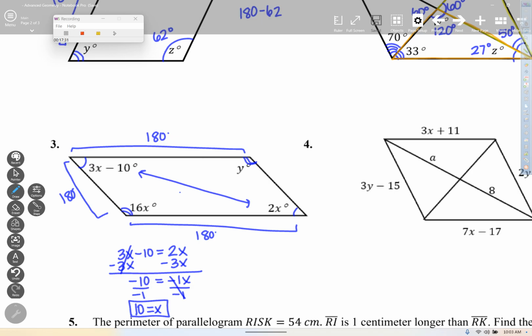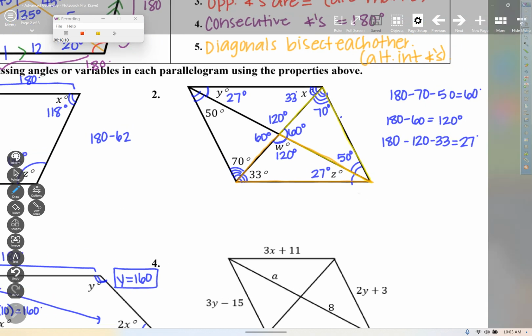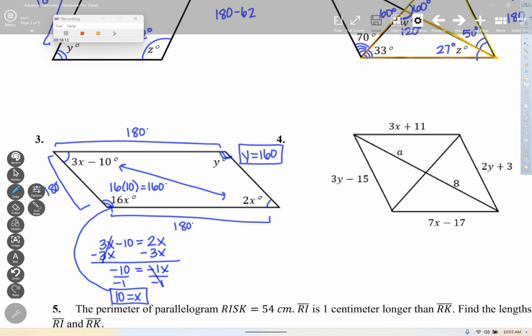Since that's 160, then I can say, well, y is 160. And I'm done. Okay. These are more math equations because they're expressions that we have to put together to make an equation and then solve. It's not just as simple as doing 180 minus things anymore, but we need to set up our equation and then substitute in.